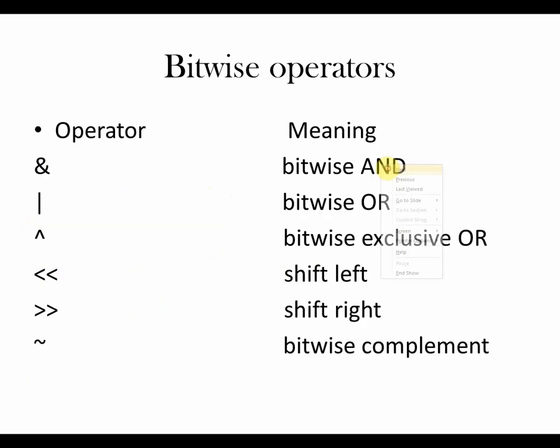Let's go on to the next type of operators, which are bitwise operators. So there are various types of operators which are called bitwise operators. The reason they are called bitwise operators is they operate on each bit of data. So whenever we have some kind of operations at the bit level, that's when we have to make use of bitwise operators.